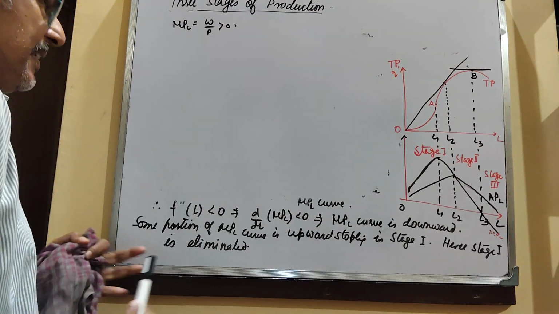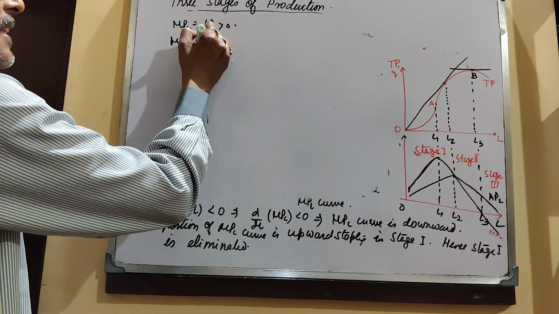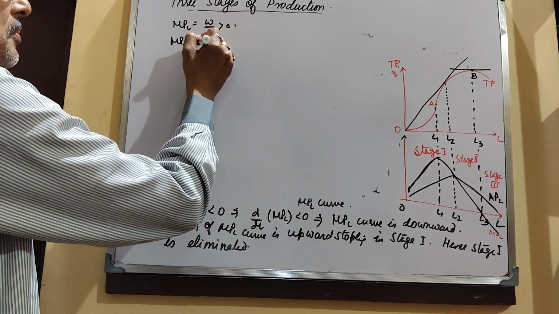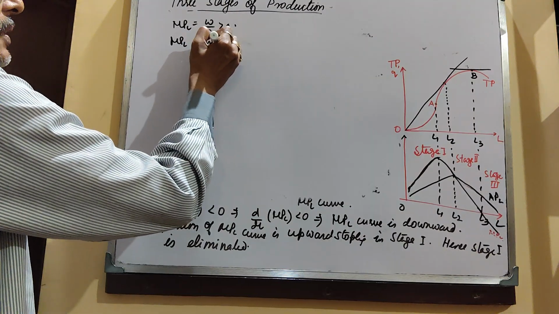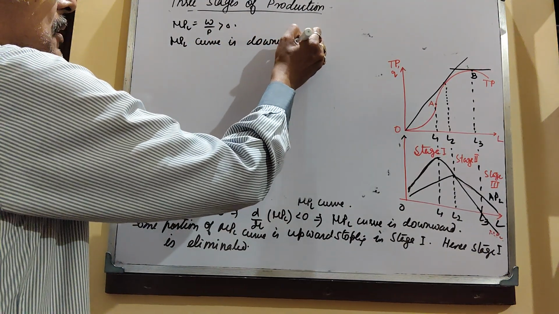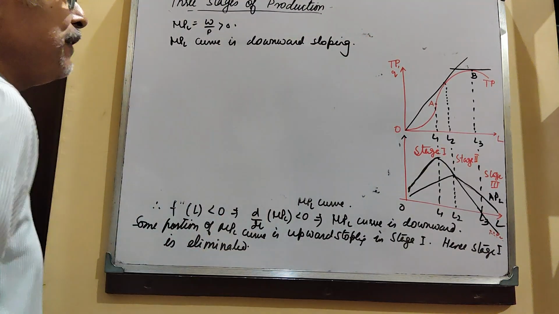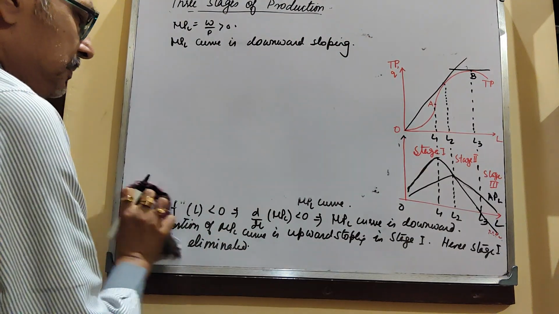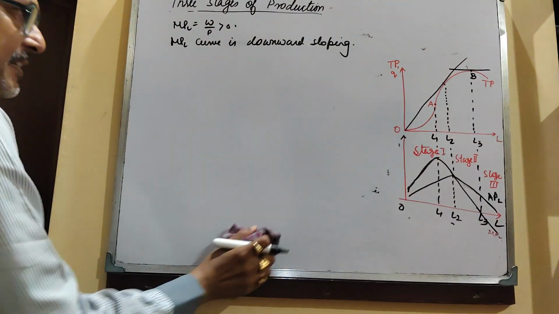From SOC we get that the MPL curve is downward sloping. Stage 1 and stage 3 are eliminated.